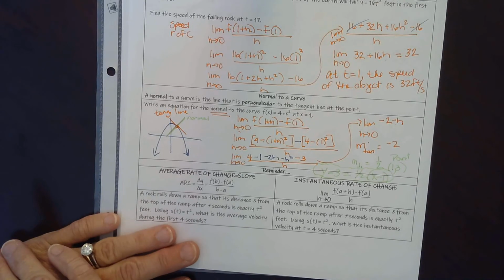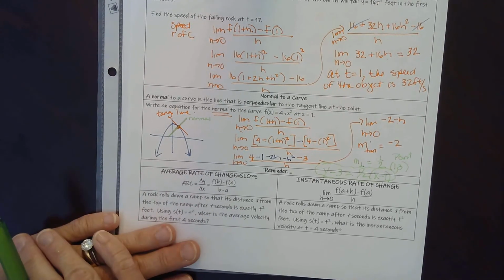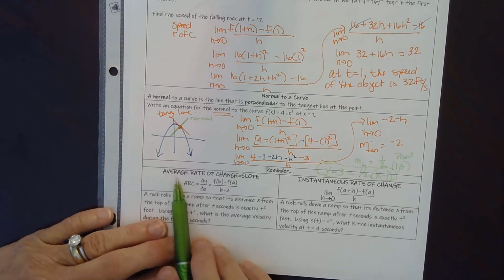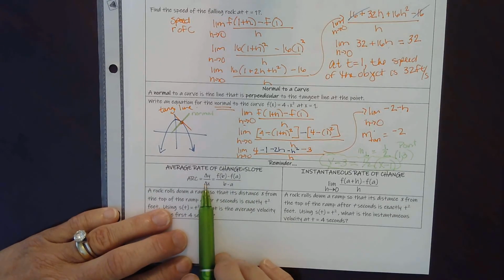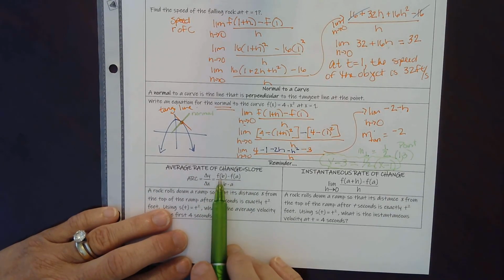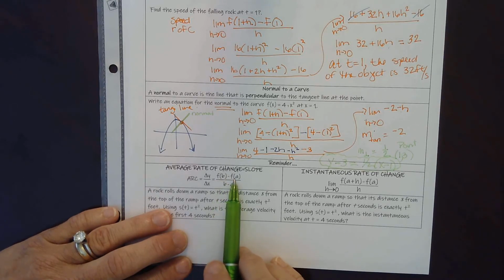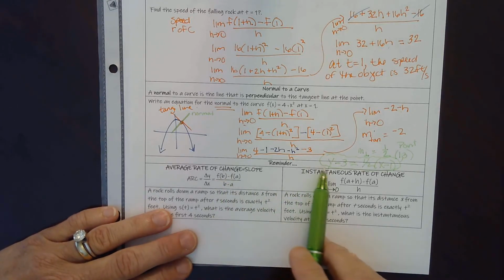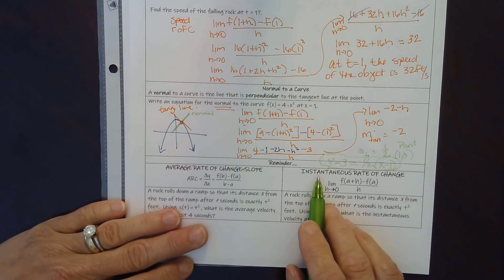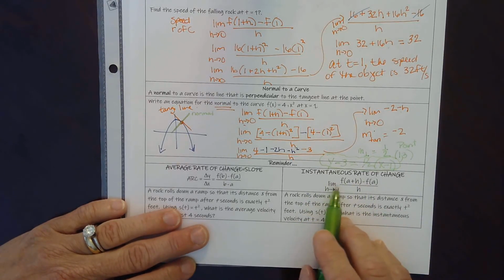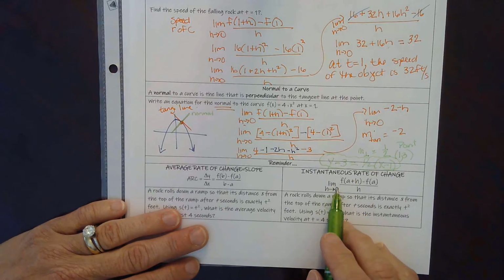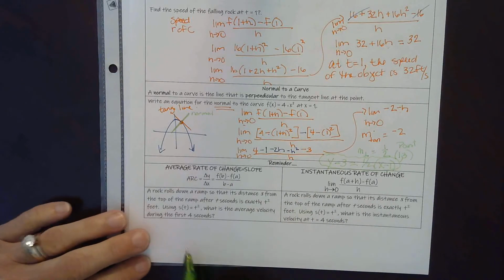All right, just as a reminder, when you want to find an average rate of change, you're just finding straight up slope. So you would evaluate f of b minus f of a over b minus a. But if you want to find an instantaneous rate of change, you're going to find the limit of a slope formula as h approaches 0.